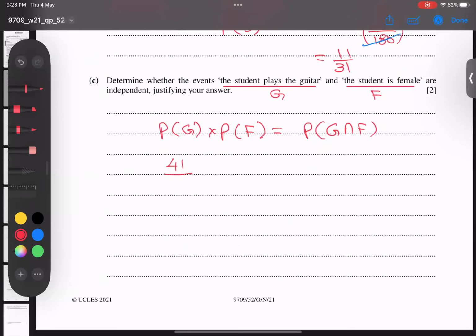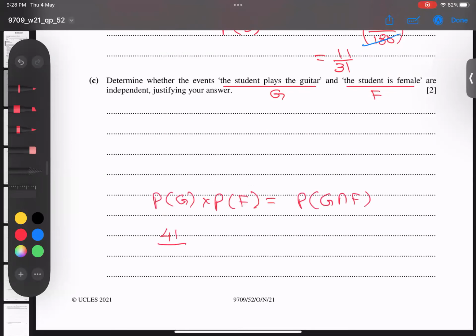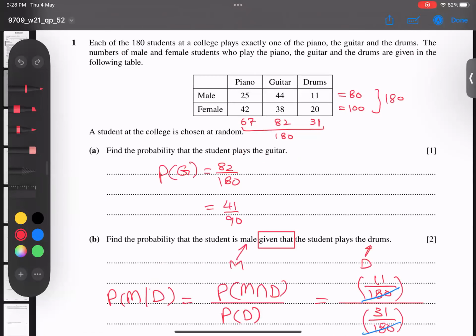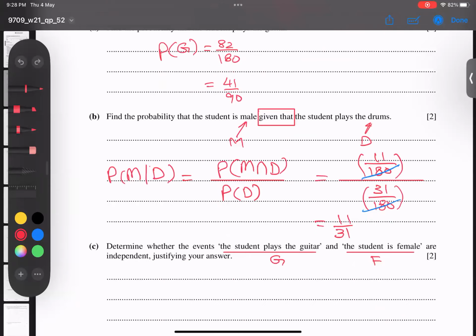Now what is the probability of female? Female total is 100 out of 180.